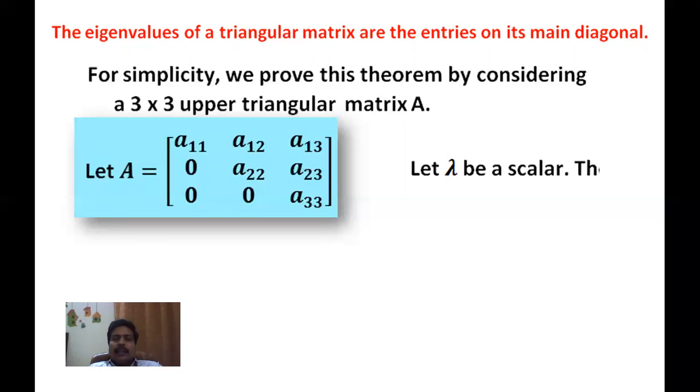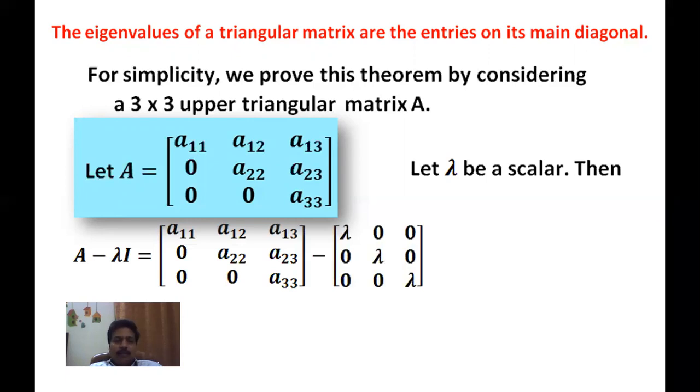Let lambda be a scalar. Then A minus lambda I: this is our A, and lambda I is lambda, 0, 0; 0, lambda, 0; and 0, 0, lambda.